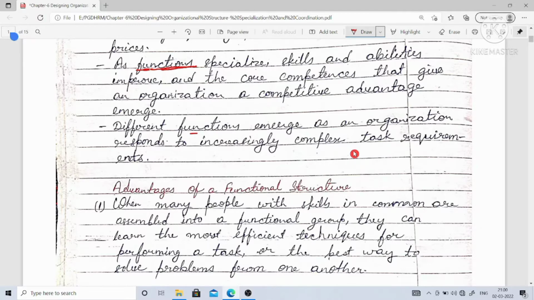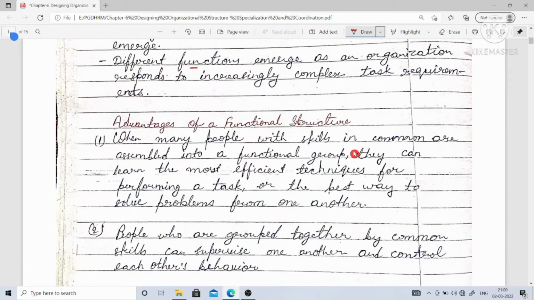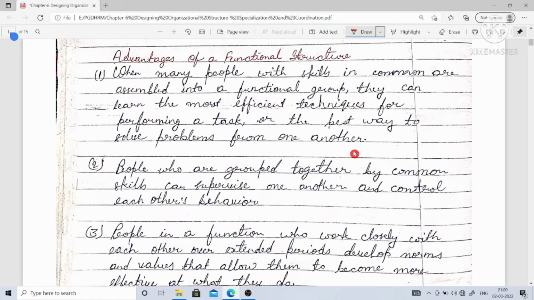Advantages of functional structure are given. The first advantage: when many people with skills in common are assembled into a functional group, they can learn the most efficient techniques for performing a task or the best way to solve problems from one another.